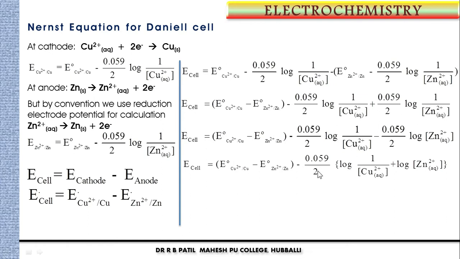If I multiply, minus into this value becomes this part, minus into plus becomes minus, and it becomes entirely this part. Okay, what is log A plus log B? It is nothing but log A by log B, right? As it is given. So this comes in the numerator and this remains in the denominator only. Hence our final equation is going to be E cell is equal to E naught cell minus 0.0591 divided by 2 log Zn2 plus divided by Cu2 plus.